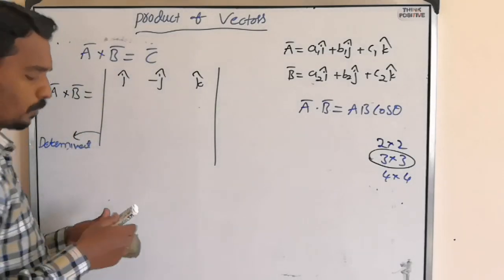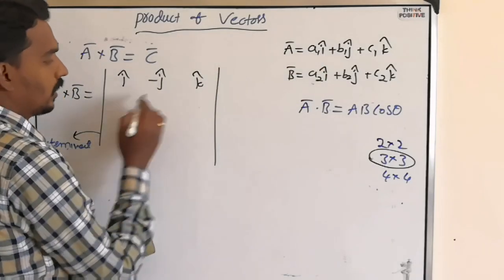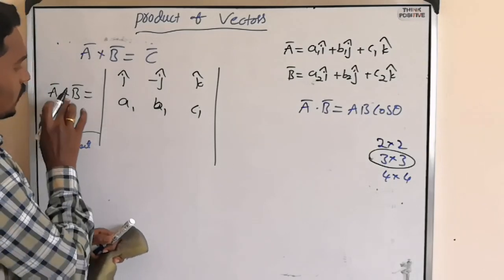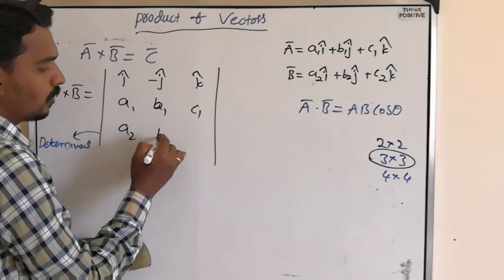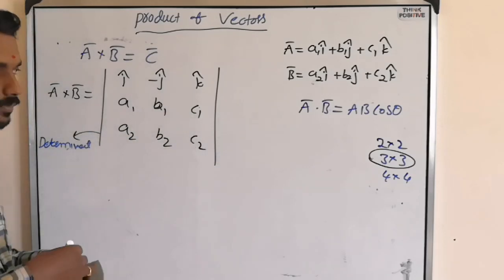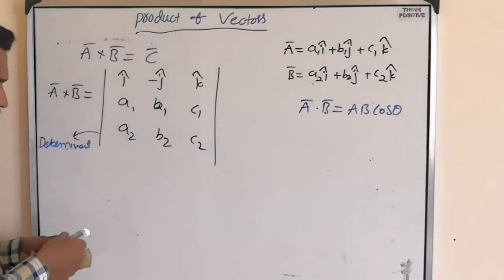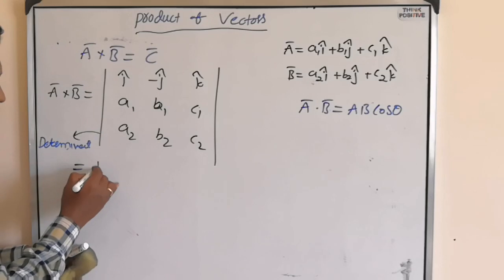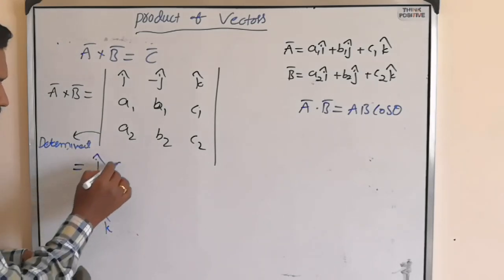Then the second row should be the coefficients of A bar, the first vector: A1, B1, C1. Then the third row must be the coefficients of B bar: A2, B2, C2. Then how to expand this? That is the question. If you expand, you will get one i term, j term and k term.